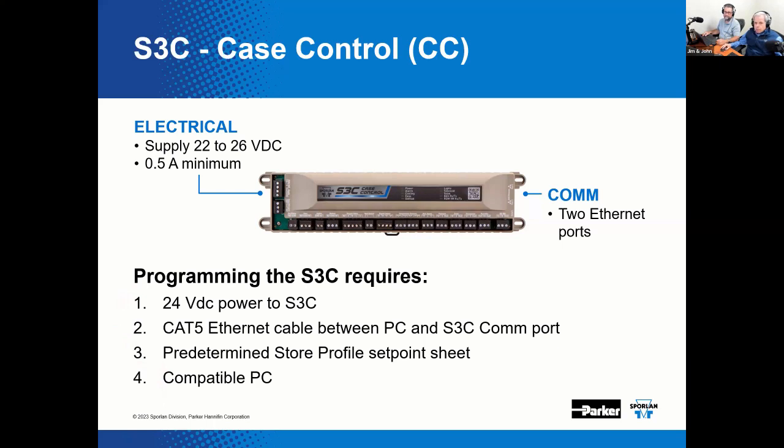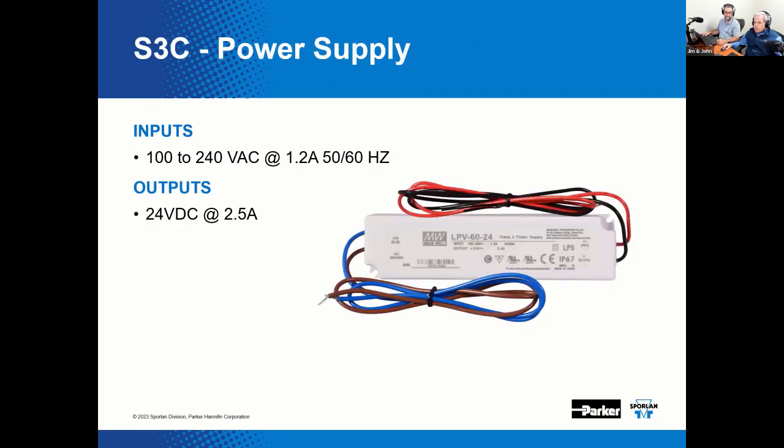Now, there's also the power supply and the 2 Ethernet ports. Here's an example of that necessary component, the DC power supply. So what does it do, John? Basically that is a power supply that takes line voltage, in this case anywhere from 100 to 240 volts AC, and outputs a nice, steady, controlled 24-volt DC output.